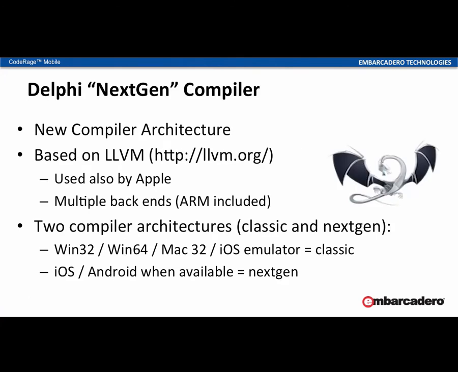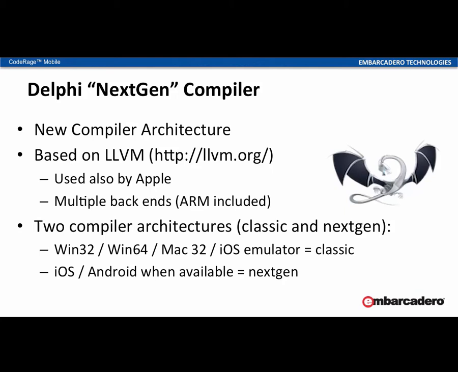So the focus of this session is Delphi's new compiler, or as we call it internally, NextGen, the next generation compiler. It's not just a compiler for a new platform, the ARM platform, but a compiler based on a new compiler architecture. I mean, new for Delphi, of course.